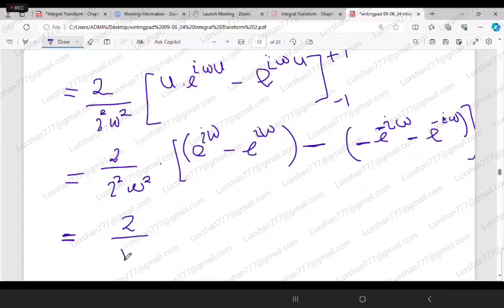So I get here 2 over i squared omega squared into, how can I write this one? Okay, I don't know whether I'm correct here. Minus out, so I can write it as, let's check the answers.